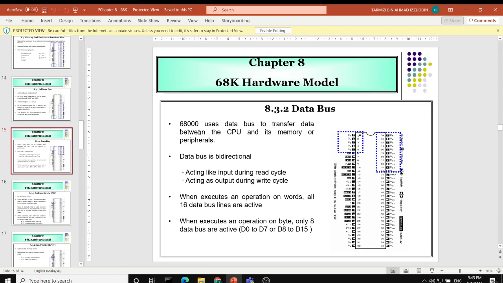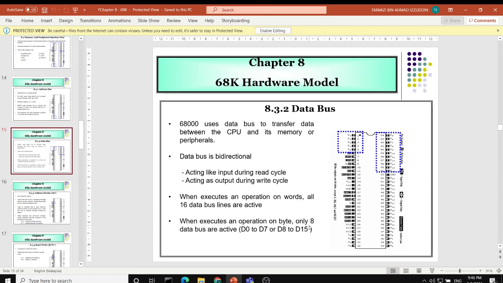So when you execute an operation on word, all 16 data bus lines are active. When you execute an operation on byte, only 8 data bus lines are active. So I believe you already know this.